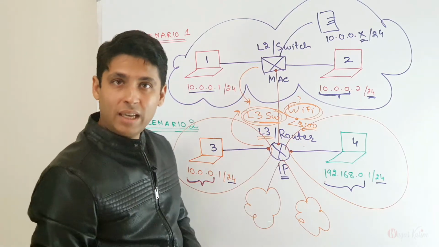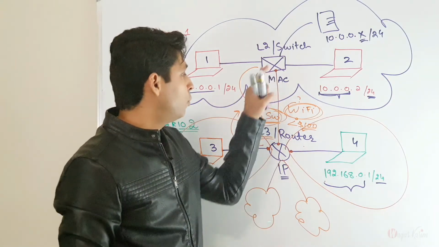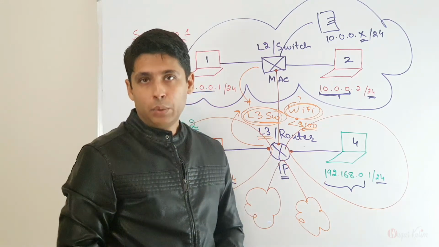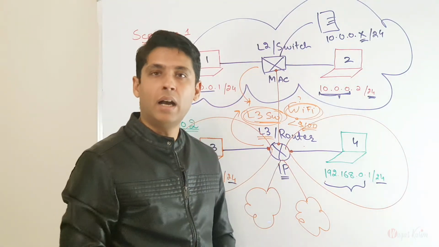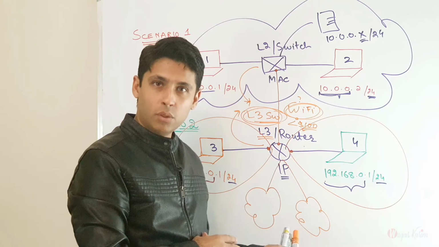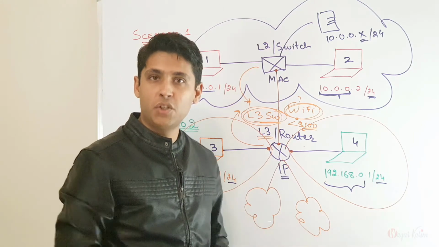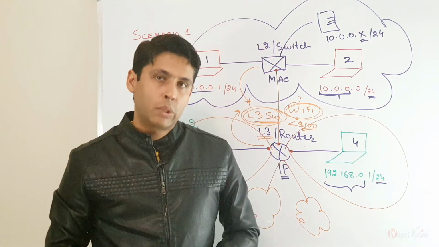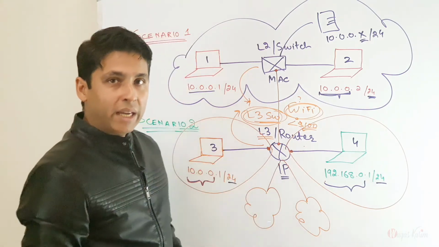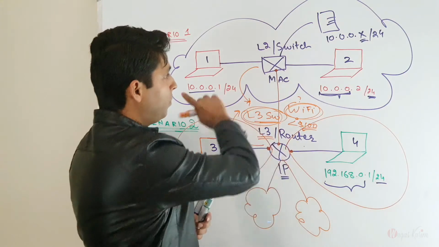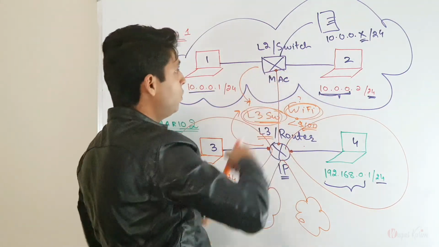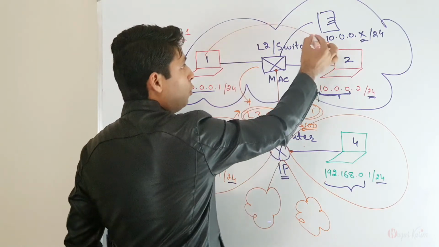Once you understand them, the differences between them, where to place a switch, where to place a router, then everything will be clear to you guys. Also, I showed this whole scenario using Cisco Packet Tracer and GNS3 last time. You guys can go through that one as well. It will also clarify your concept. So with Packet Tracer, just drag two computers, make the same kind of scenario and try to replace this switch with a router, and then see whether they are able to ping or not.